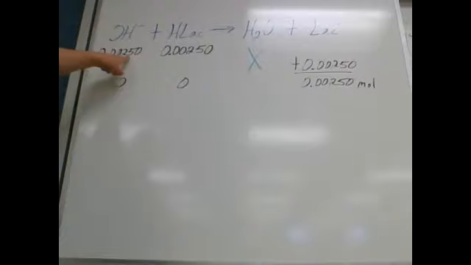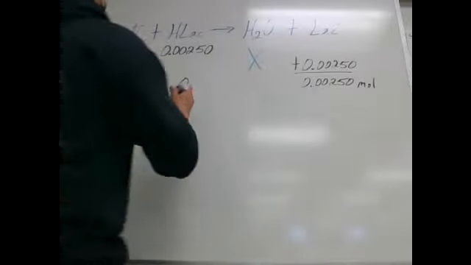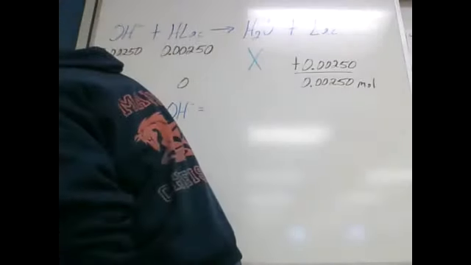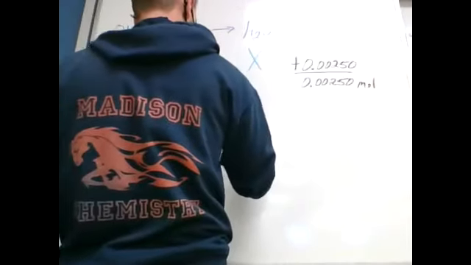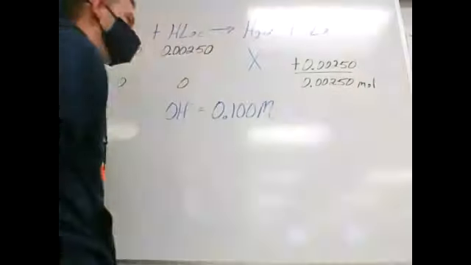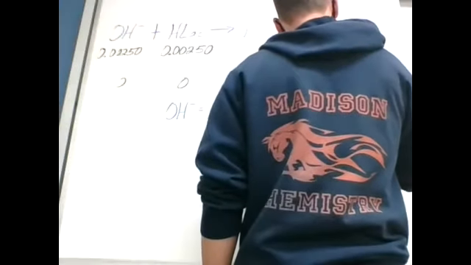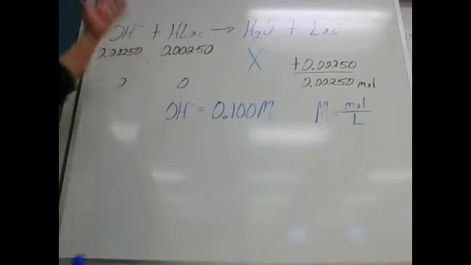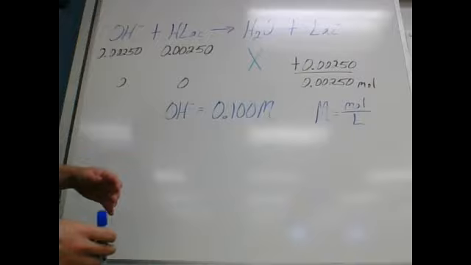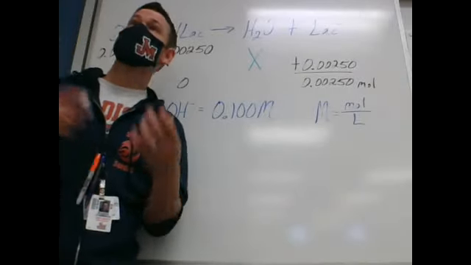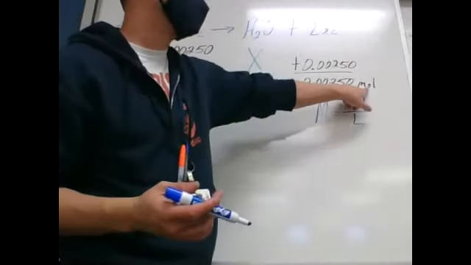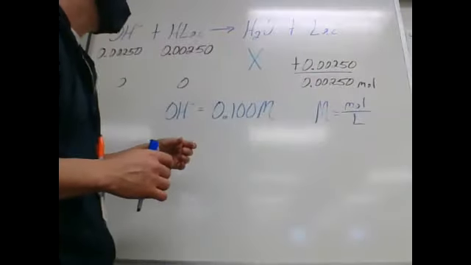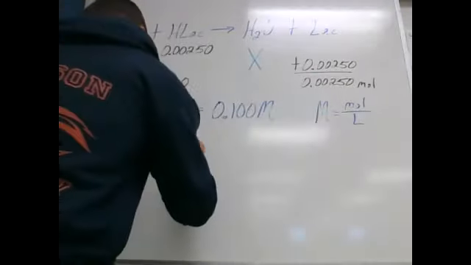So this is the number of moles I need to get to, but I know that the OH minus is existing at 0.1 molar. Since molarity is moles over liters, to find the volume required to reach the equivalence point, which isn't necessarily what the question's asking for, I need to know the liters in order to get these moles back into molarity. I need to know how much volume has been added. So I'm just going to plug and chug. The molarity is 0.1.